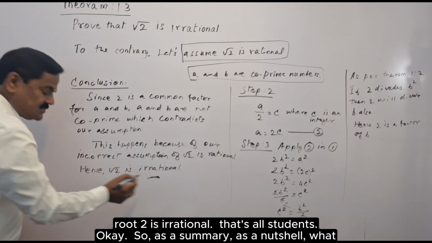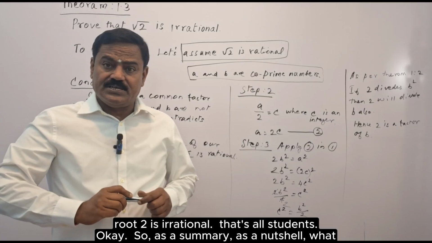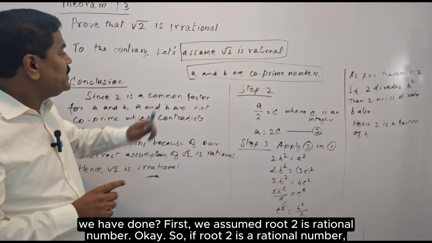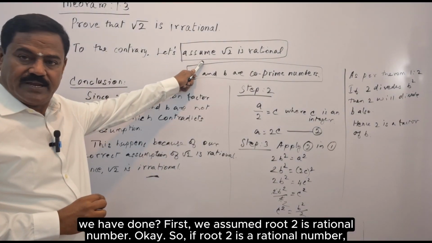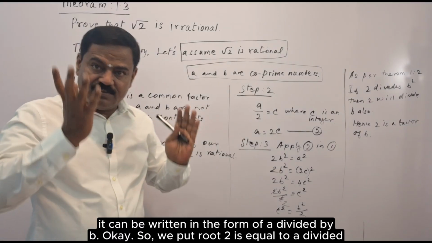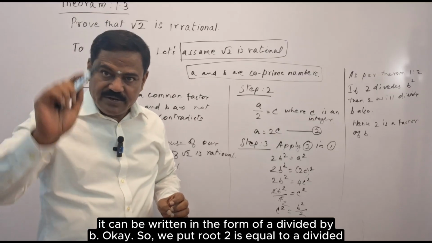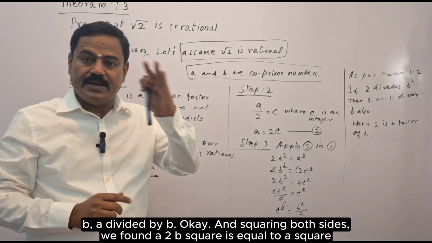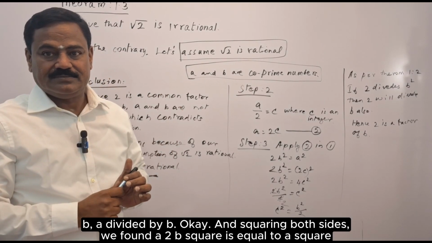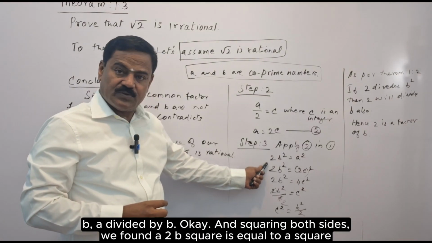That's all, students. As a summary, in a nutshell, what we have done: first, we assumed root 2 is a rational number, so it can be written in the form a divided by b. We put root 2 = a/b, and squaring both sides, we found 2b² = a².